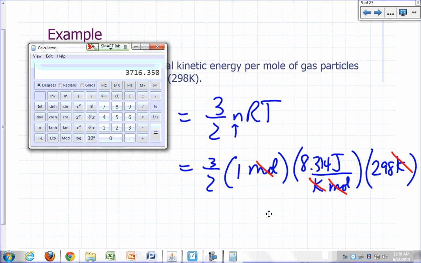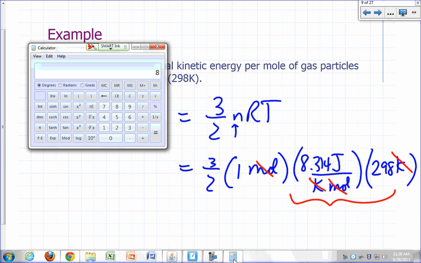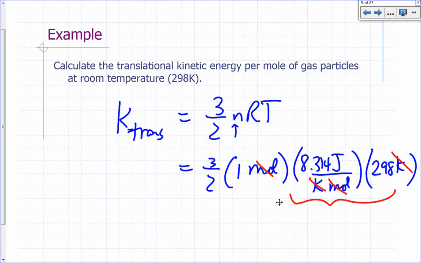I'm going to calculate RT first because this is something you'll see a lot. So 8.314 times 298 is 2477, so that's going to be 2.48, if you're doing 3 sig figs, 2.48 kilojoules per mole.